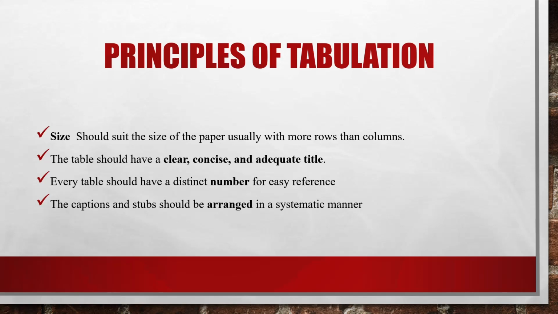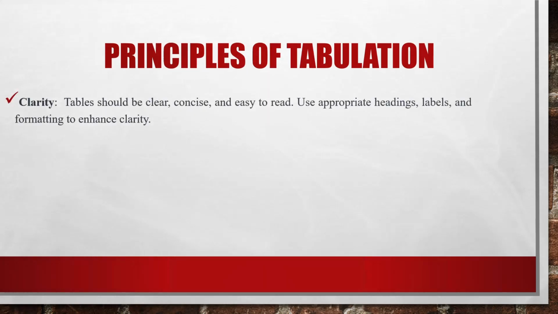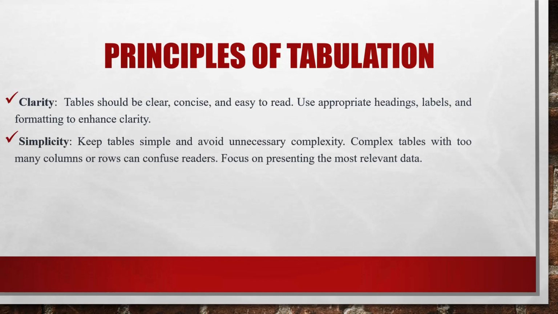The captions and stubs, that is the headings given for columns and rows, should be arranged in a systematic manner. The table should be very clear, there should be a proper clarity of the content and it should be easy to read. Simplicity is another important principle of tabulation.